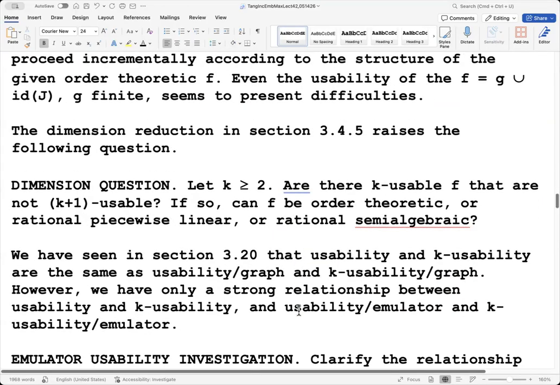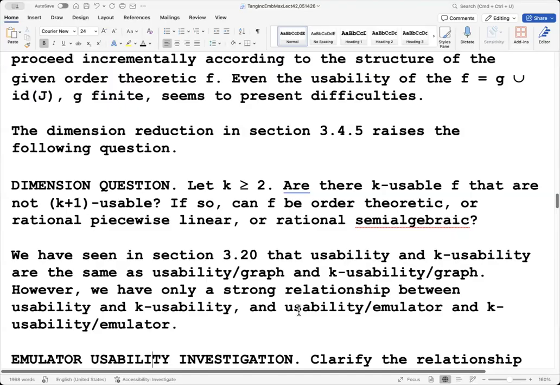Are there K usable F that are not K plus 1 usable? Almost certainly true, but you have to do something. If so, can F be order theoretic or rational piecewise linear or rational semi-algebraic? We've seen in section 320 that usability and K usability are the same as usability graph, K usability graph.